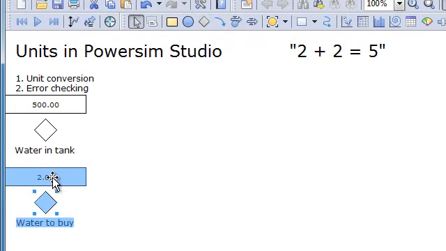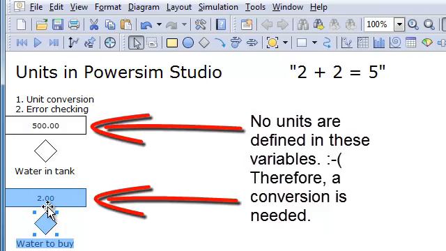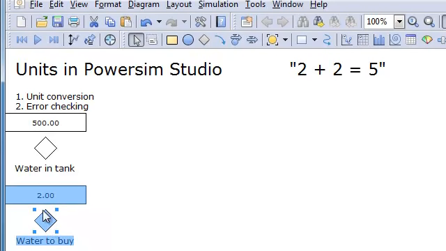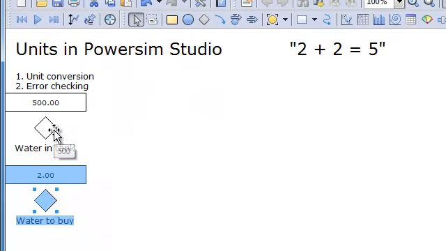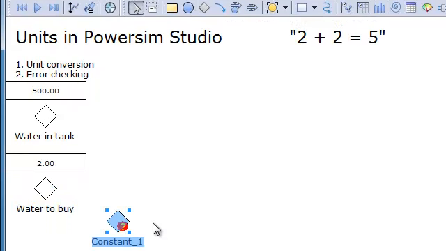The amount of water to buy is given in the unit cubic meters, while the water I have in liters. In conventional systems, we would need to make a conversion here from cubic meters to liters. So therefore, we would make a variable like this.